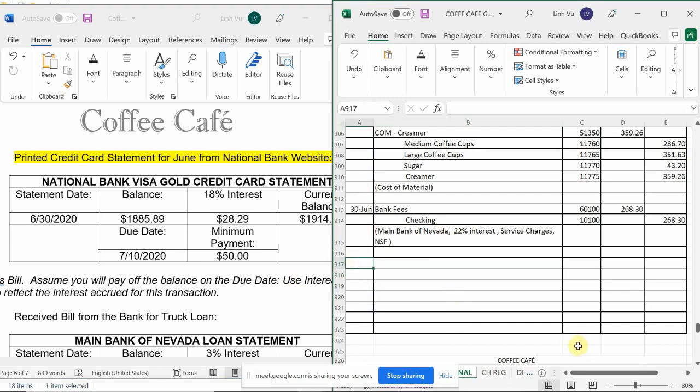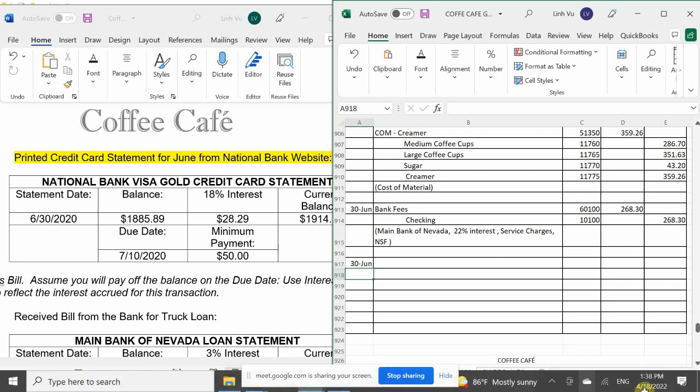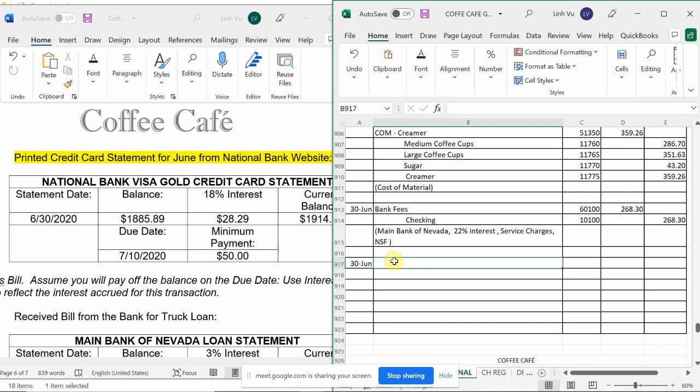So how should I record that I received a bill and that I owe on my credit card and that I will pay it in the future? Your accounts payable. You're going to transfer the entire account balance into accounts payable.